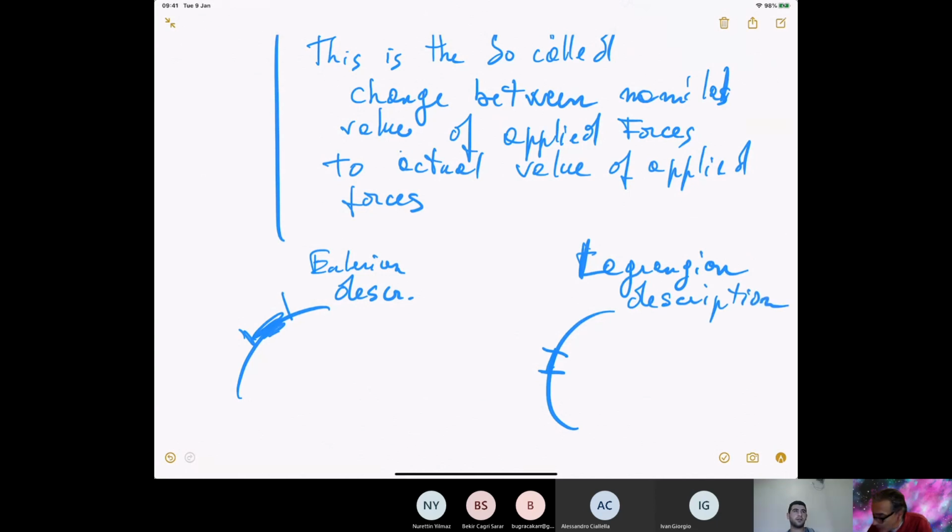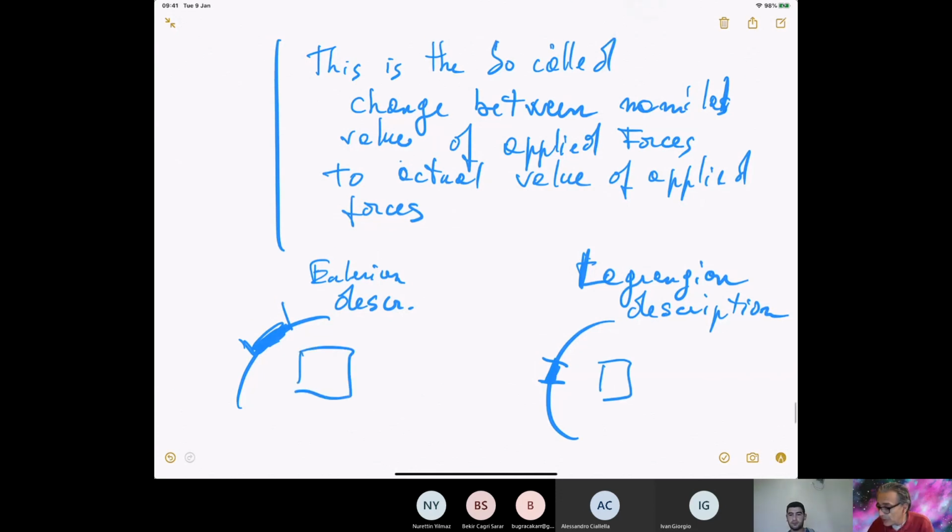Okay, so when you deform a body, this area changes and it becomes there. If you have a dead load, the force here and the force there is the same. Unit area changes because of the change of the area. And the same happens for the volume in the change of volume.